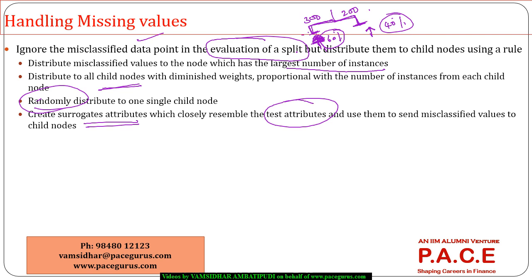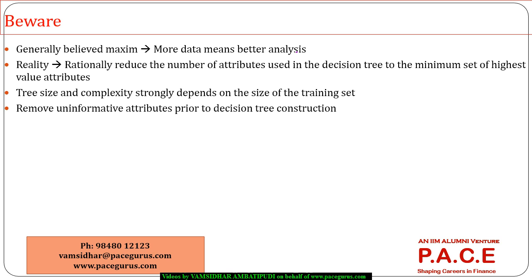So there are different ways in which missing values are typically handled in the data. Different algorithms have different processes to handle missing values if they are present as part of the data. And a few important things: the generally believed maxim is that if I have more data, I would be able to perform better analysis. But let me tell you, that could even add complexity to the model.